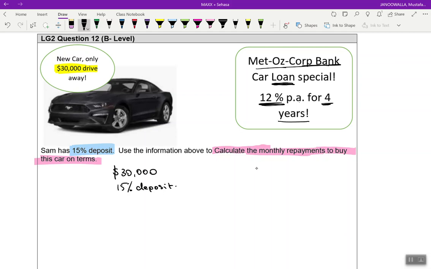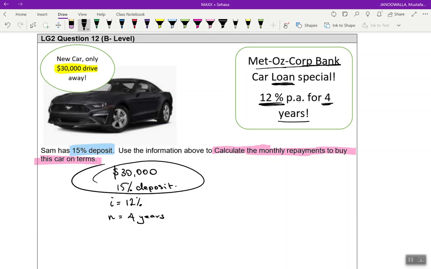So 30,000. The interest rate, I'll call it I, is 12%. N is the number of years, which is 4 years. That's the information I have. First of all, we need to use this to find out what the principal is.